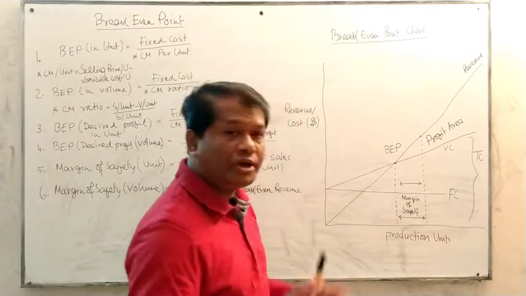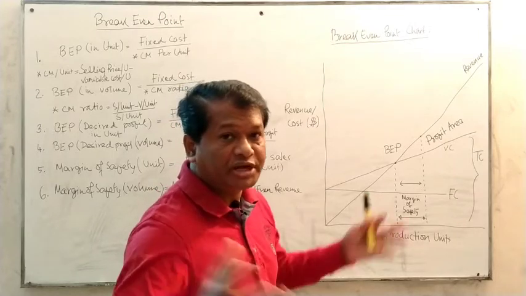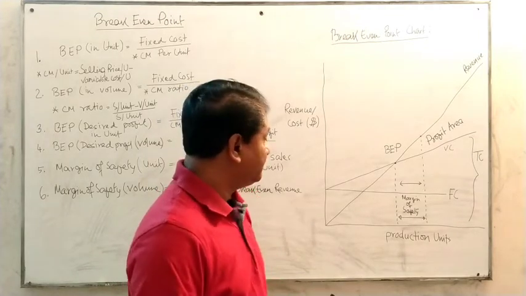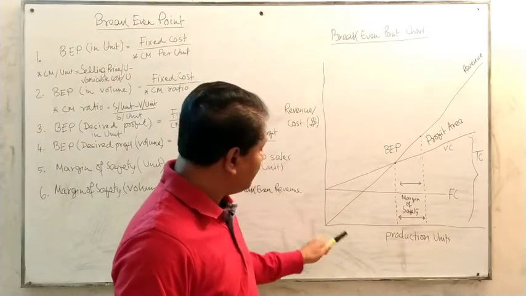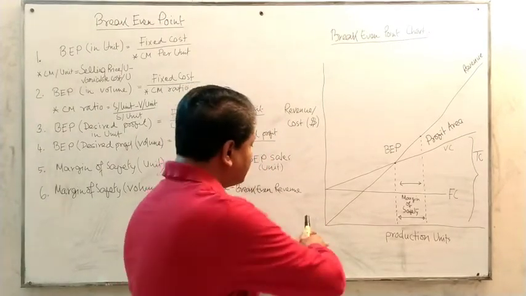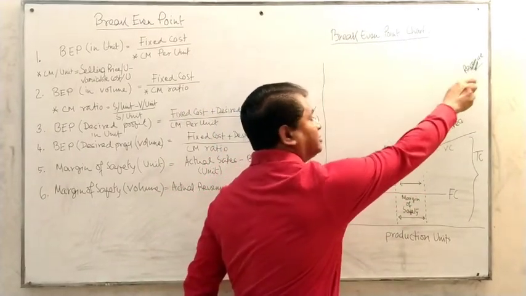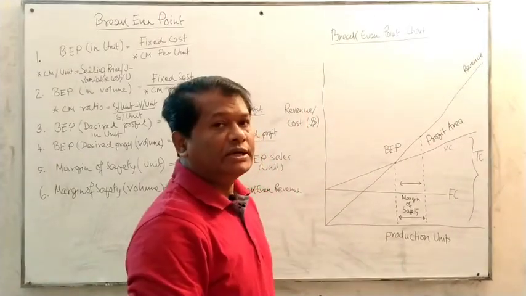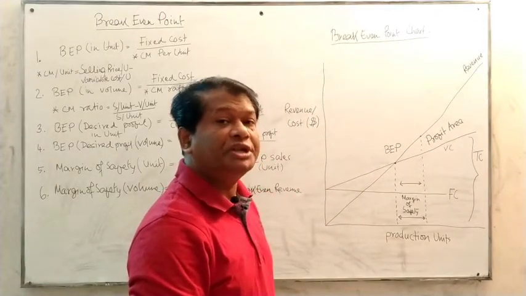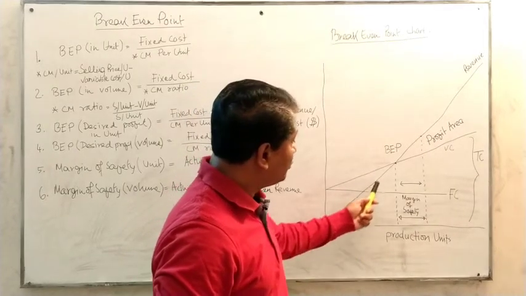Now you have to find the selling price or total sales. That figure may be given here. You see, this starts from 0 and the line goes up. This is the revenue or sales. That figure may be given or it has to be determined. From the 0 point you have to draw.